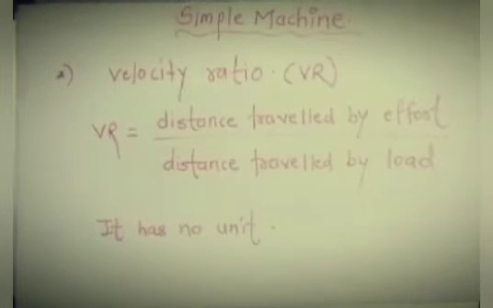Yes. Now next is velocity ratio. After mechanical advantage we are going to discuss the velocity ratio. What is velocity ratio? It is defined as the ratio of distance traveled by effort to the distance traveled by load. Because whenever we analyze any machine, you must know that if a certain machine is used to lift a certain load by applying a certain effort, it has 2 components.